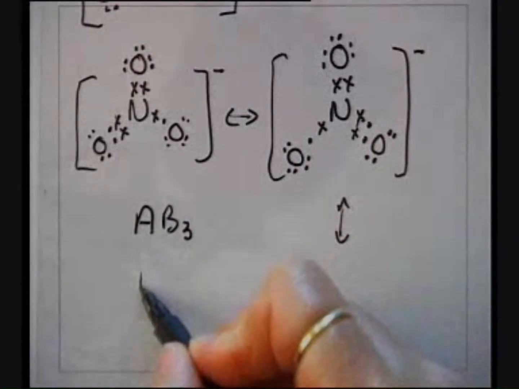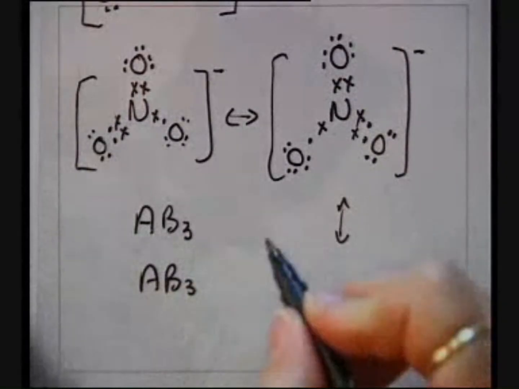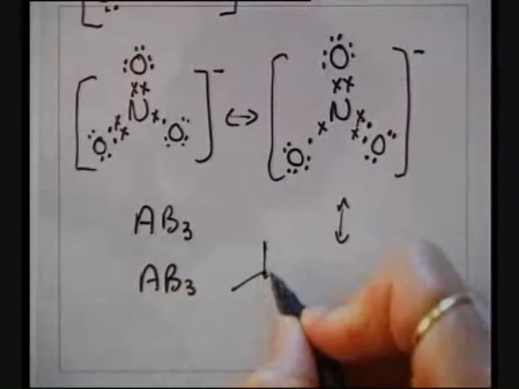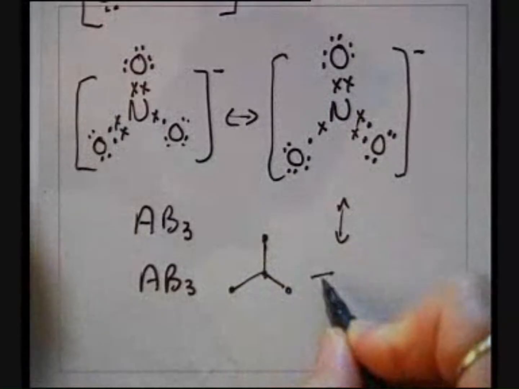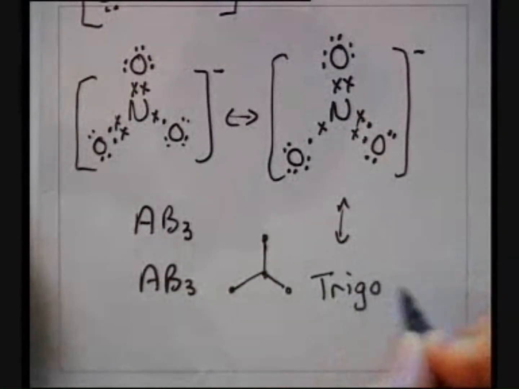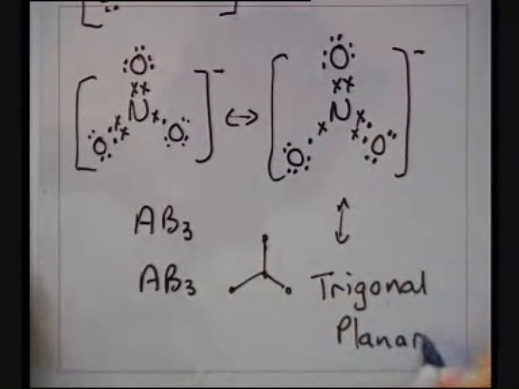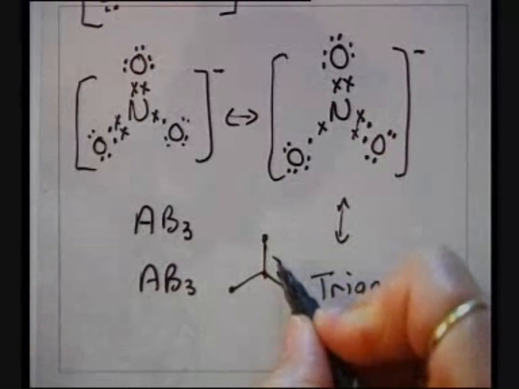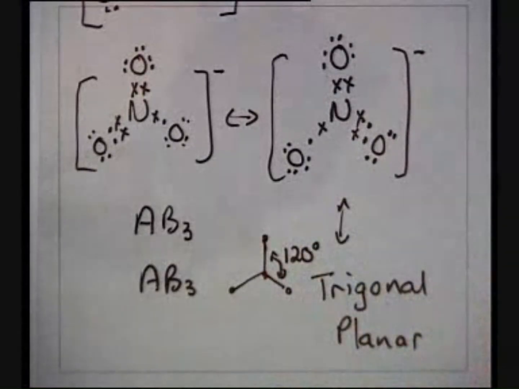Molecular geometry AB3 will come from electron pair geometry AB3, and electron pair geometry AB3 will predict a trigonal planar geometry. Because there are no distortions in the molecule, we predict a bond angle of 120 degrees.